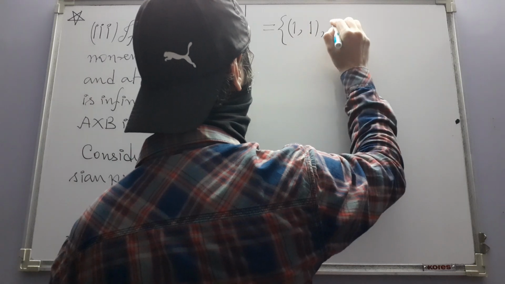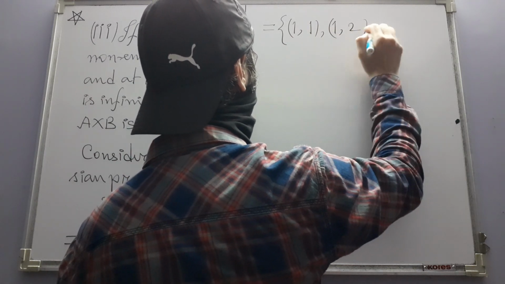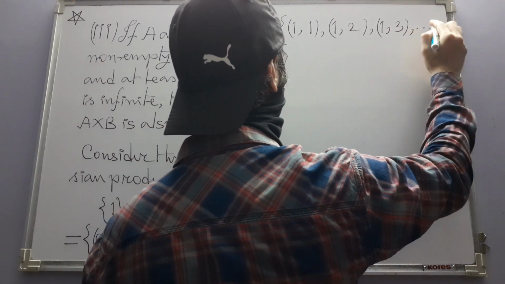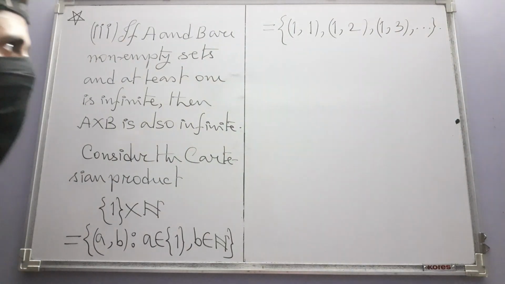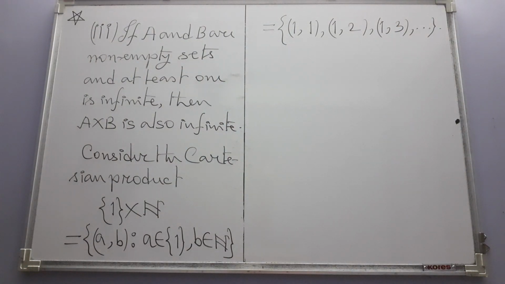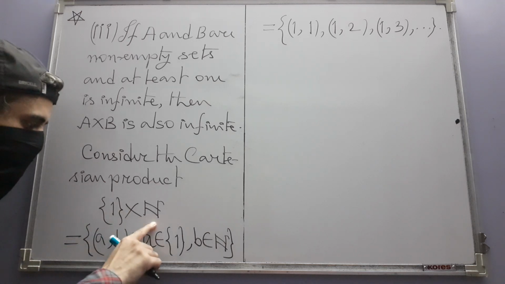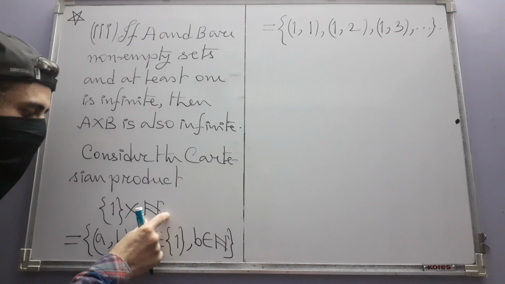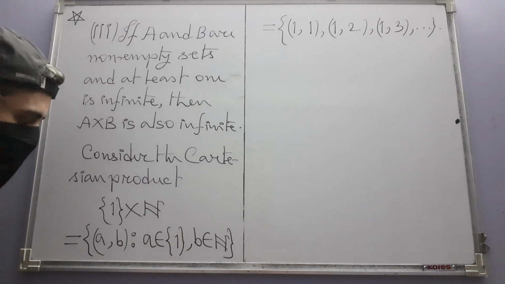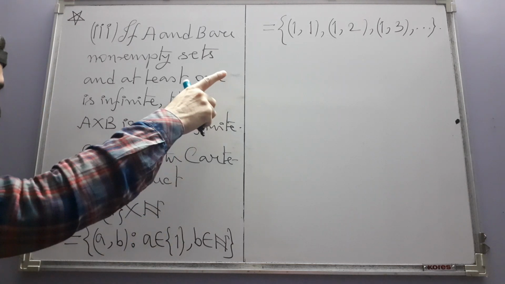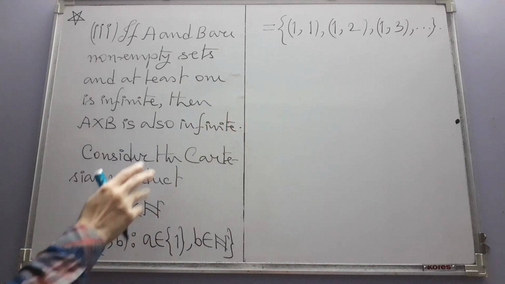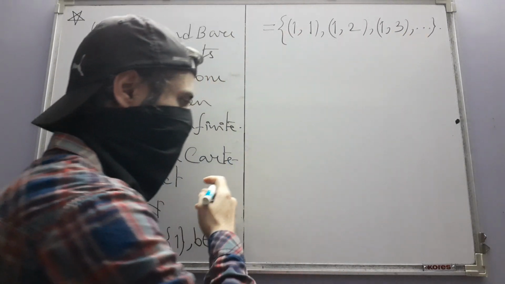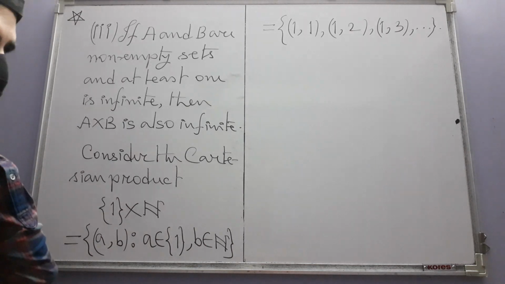But the second component can be any natural number. Dot, dot, dot. So you can see that both the sets are non-empty and one of them is infinite. And the Cartesian product is also infinite. It's not finite. If you start counting, you will never be able to finish in a finite time.